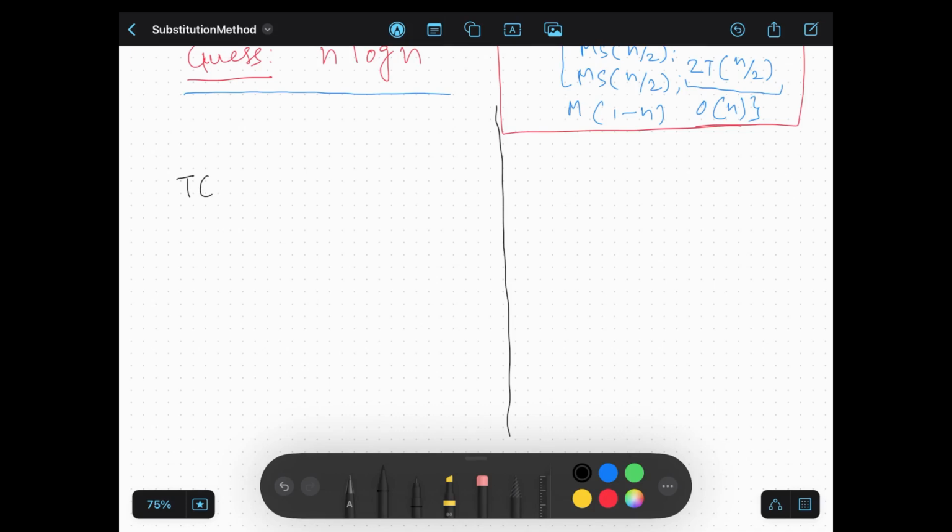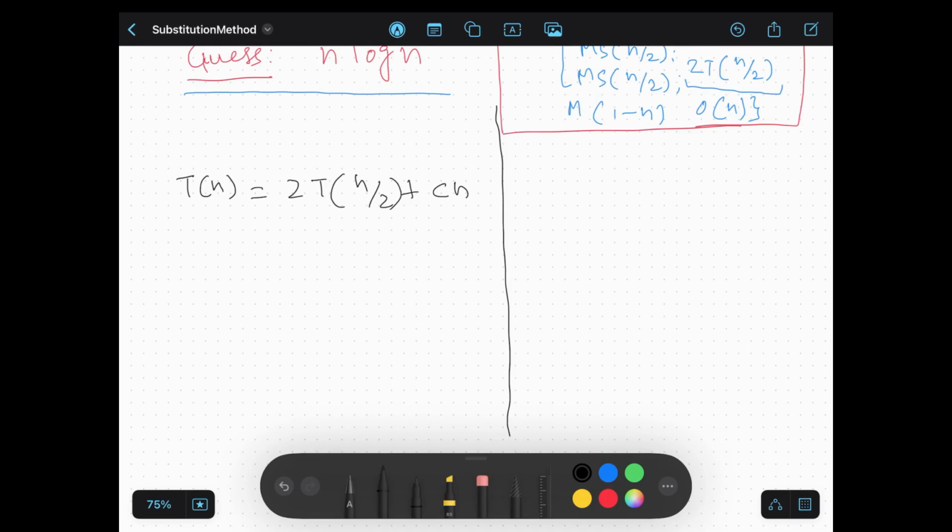So our recurrence is T(n) = 2T(n/2) plus Cn. Okay, so we see that the problem is being divided in half.